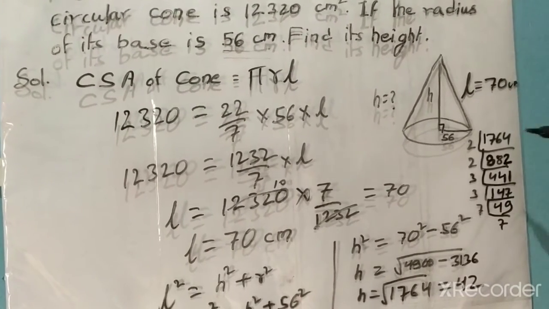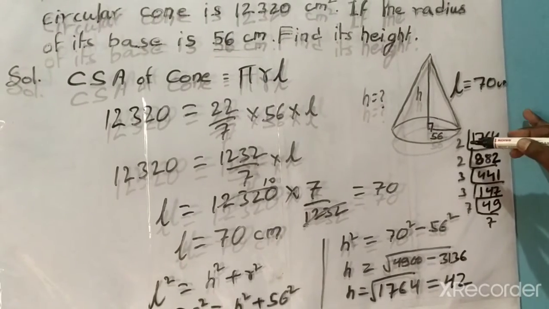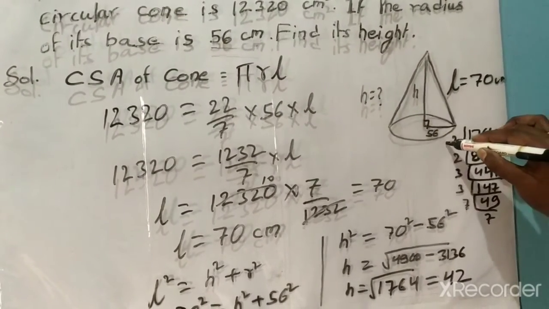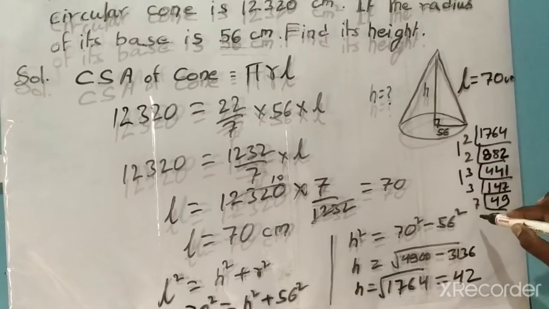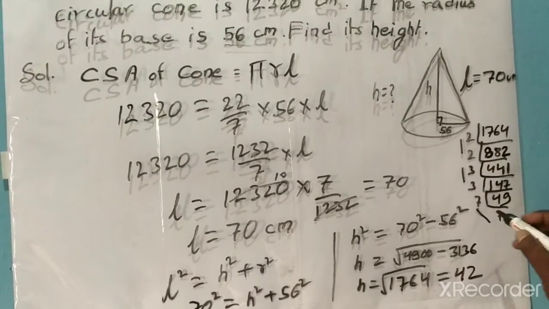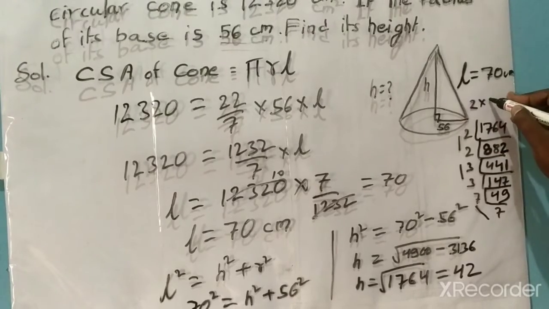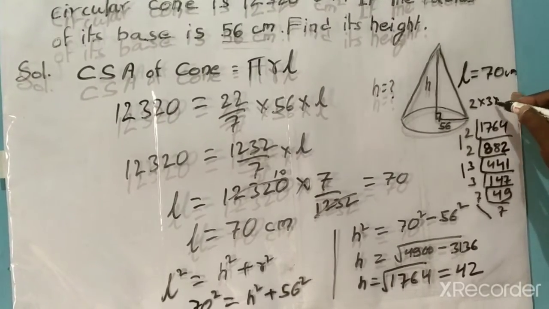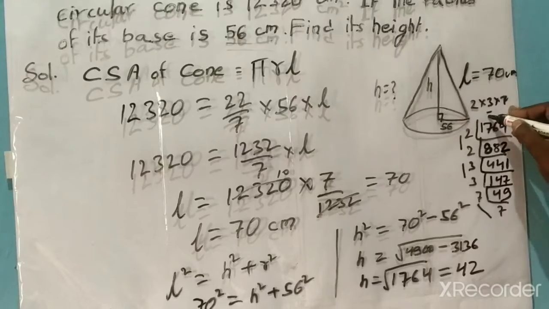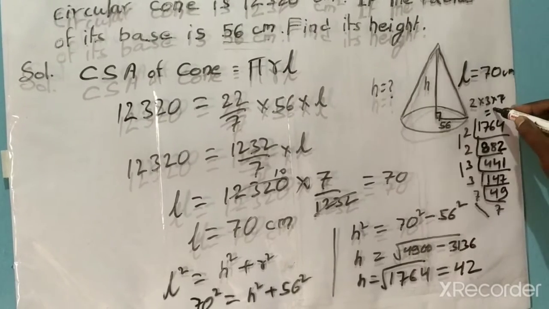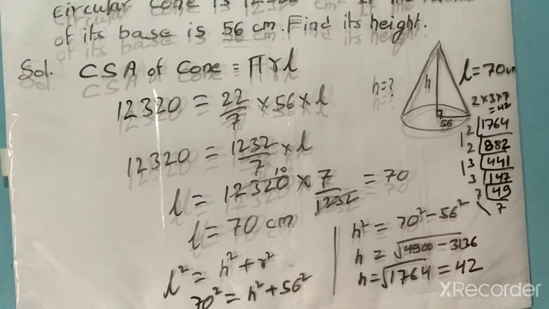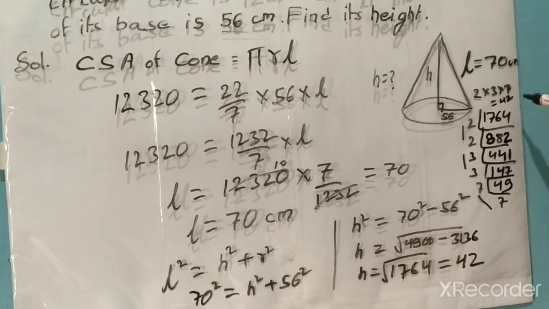Now we see all the digits are in pairs, so we can write this as 2 into 3 into 7, which is equal to 42. So on solving this we got 42.